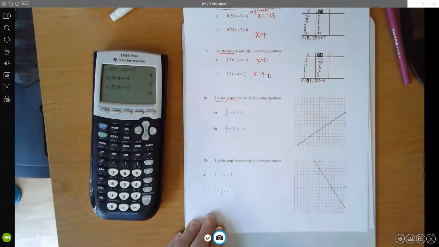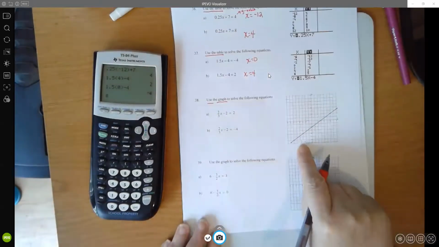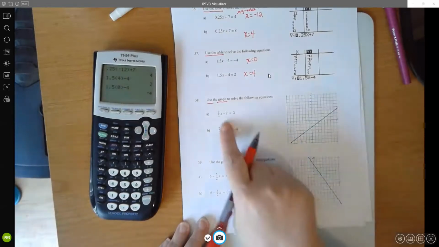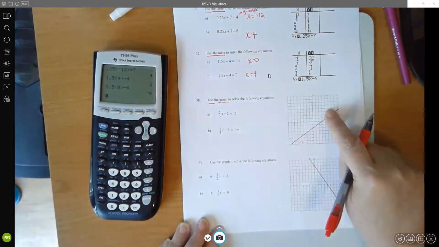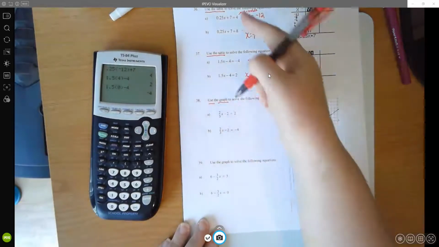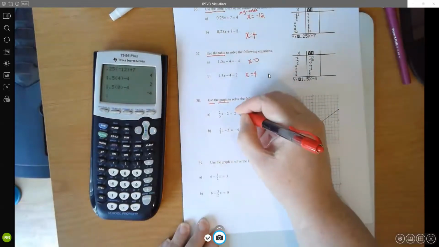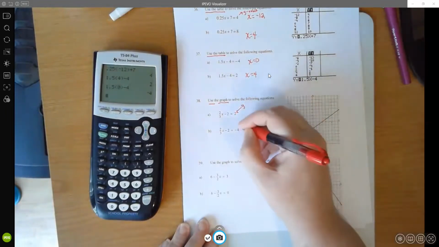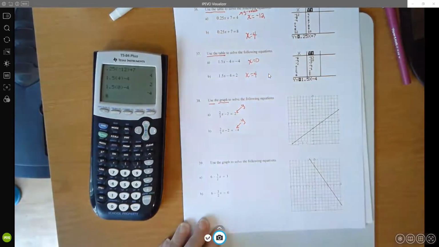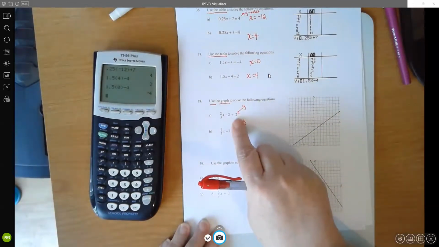But down here it says that this is the graph of y equals 2/3 x minus 2. And then again, just like up here, if this is the graph of y, this becomes the y value. So these are the y values. So I want a y value of 2.